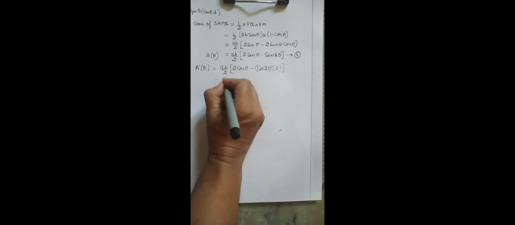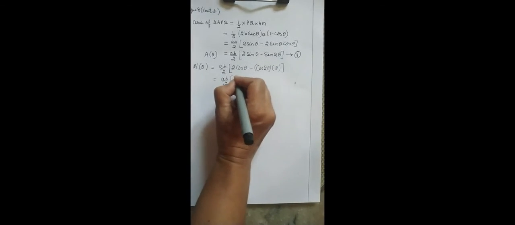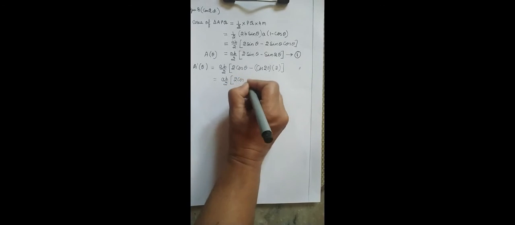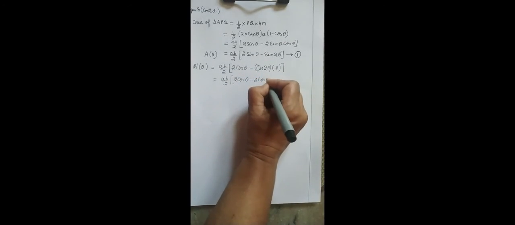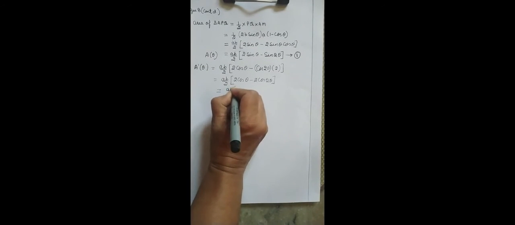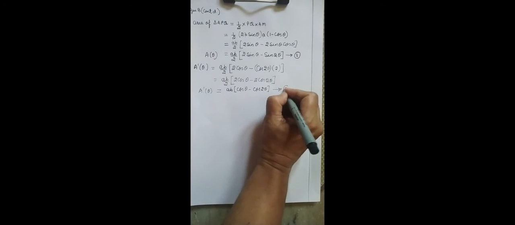So this will be equal to AB upon 2 into cos theta minus 2 cos 2 theta. So I can take 2 as common and I will be getting the result as A into B cos theta minus cos 2 theta. Now this is the value of A dash theta. Mark it as equation number 2.